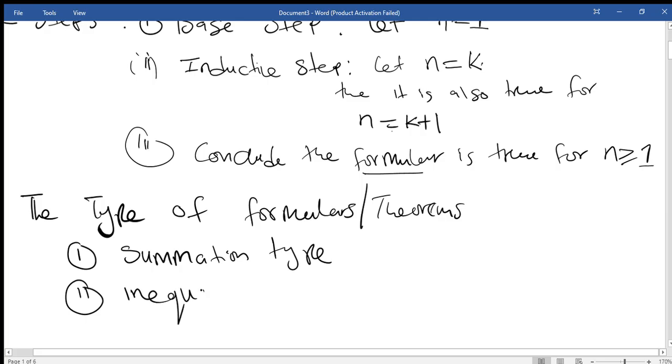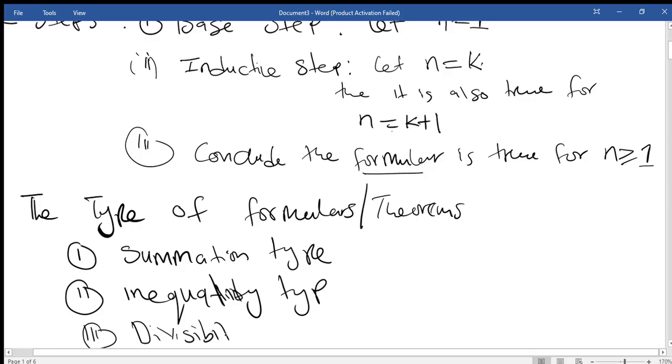So in video 1, we talked about the summation type. The second is the inequality types of questions. And the last part we'll be looking at is the divisibility type of questions.